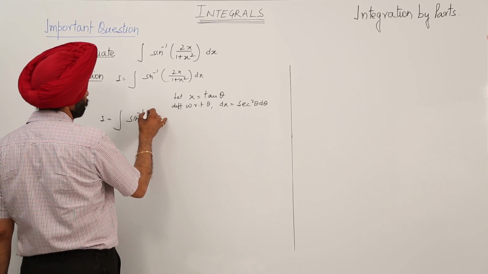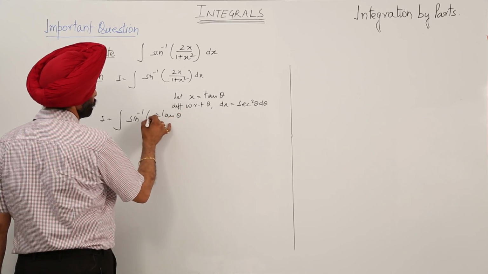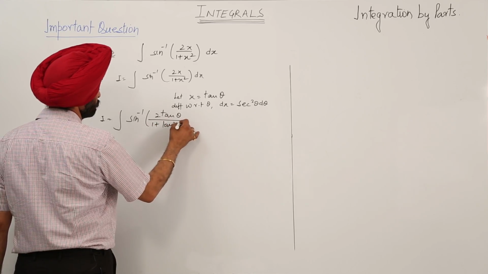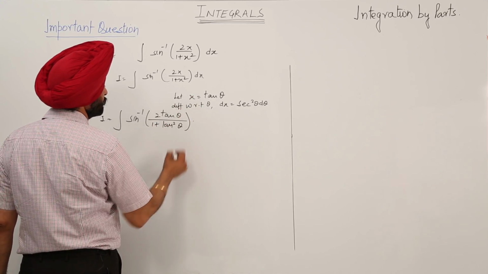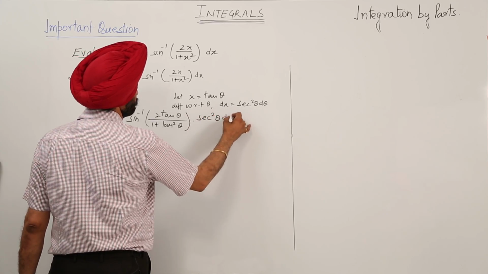sine inverse of 2 tan theta upon 1 plus tan square theta times dx, that is secant square theta d theta.